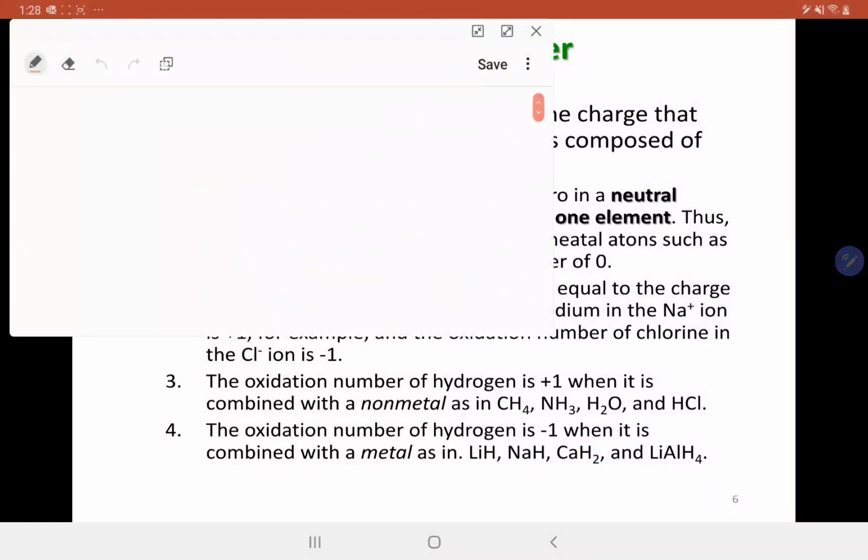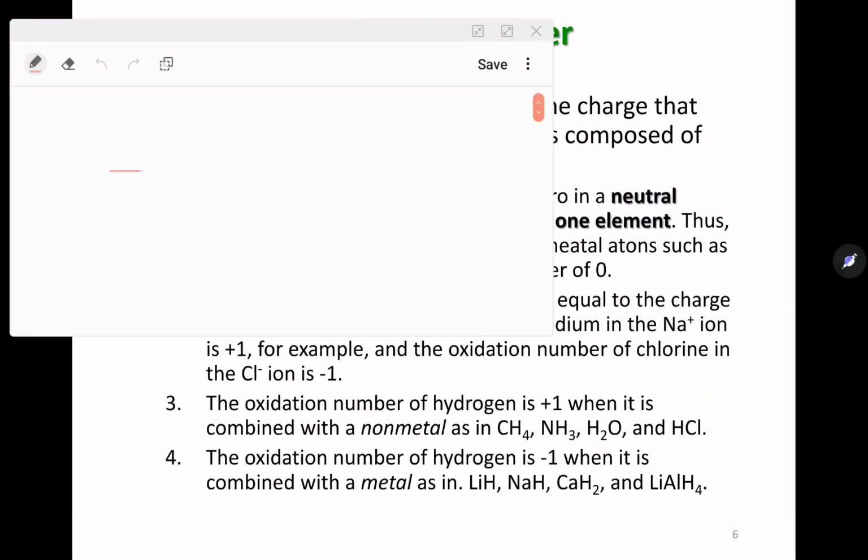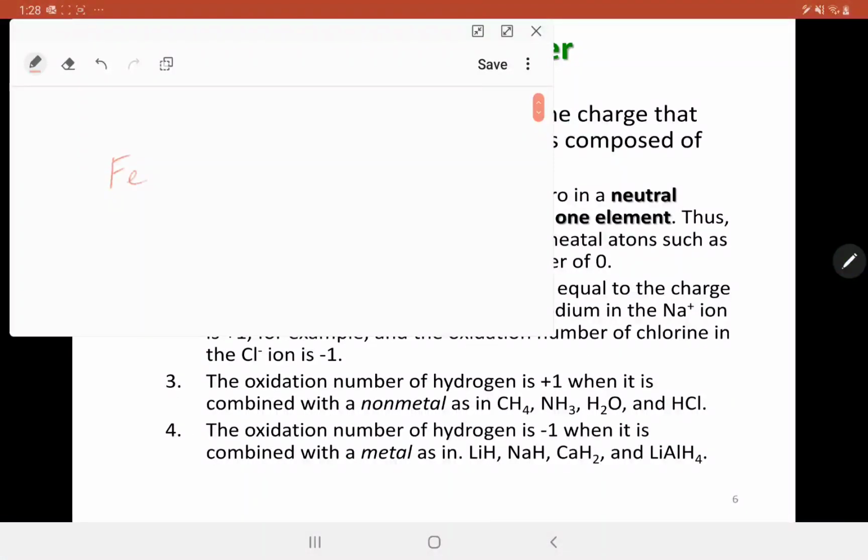So here is a simple chemical reaction. Fe reacting with oxygen to form iron 3 oxide. It's a nice, very straightforward chemical reaction.